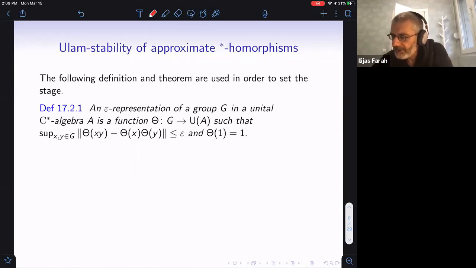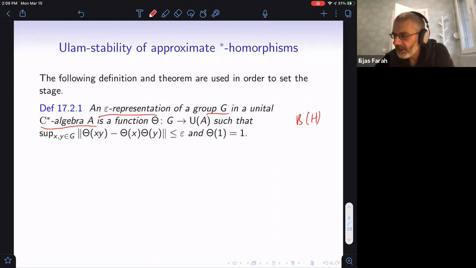So here is the definition of an epsilon representation of a group G in a unital C-star algebra A. Quite often one takes A to be B of H, because then you do talk about representations of groups.